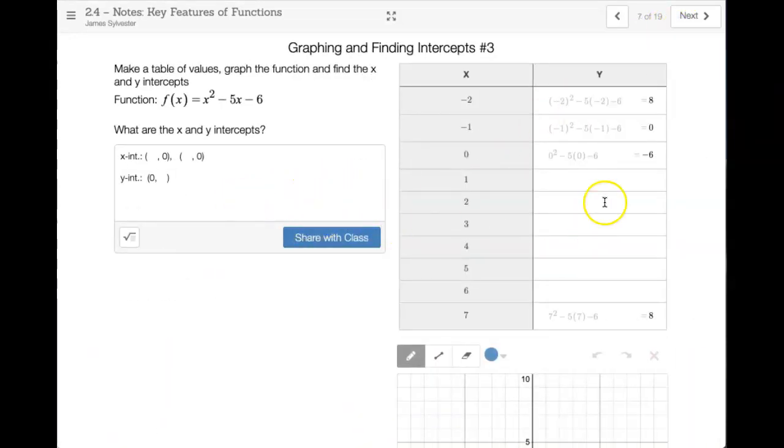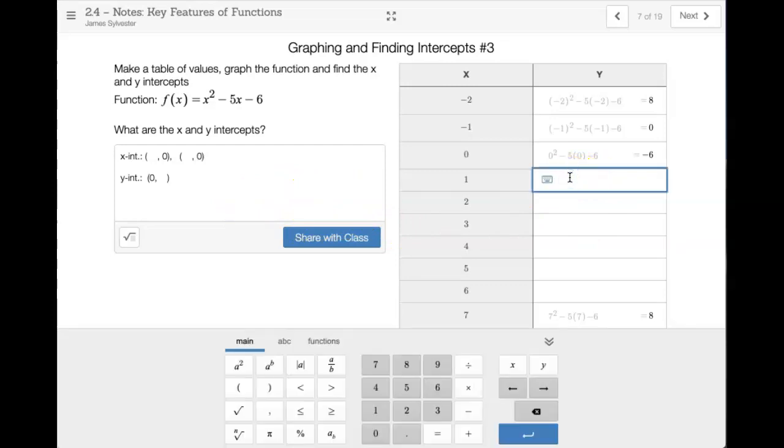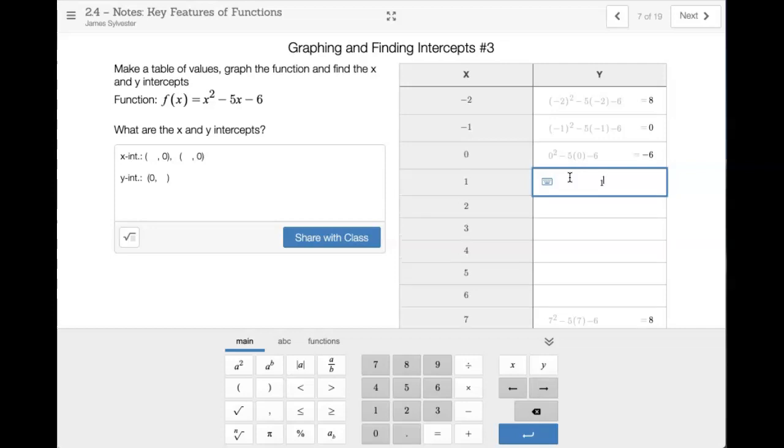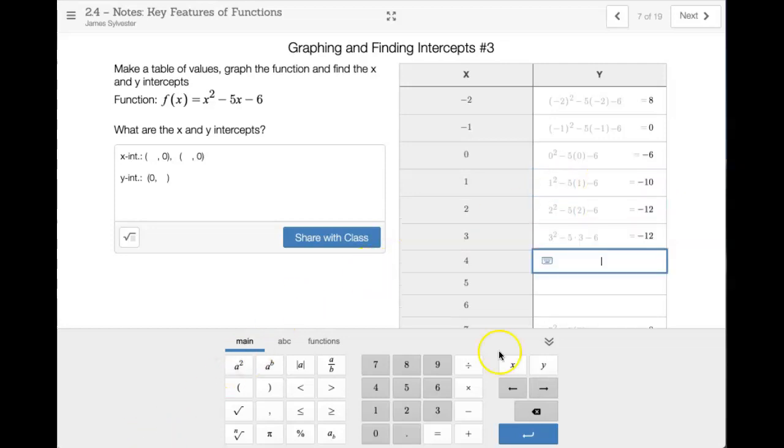This one is the same, so I'm going to finish plugging in on this one. That would be 1 squared minus 5 times 1 minus 6. So you could just keep doing that to plug these numbers in. I went ahead and plugged a couple more in.